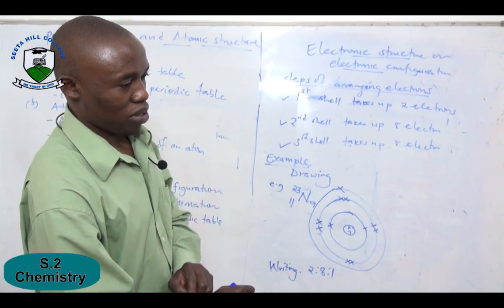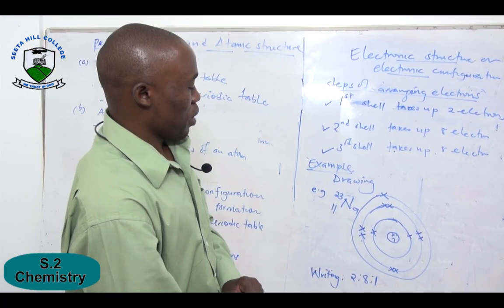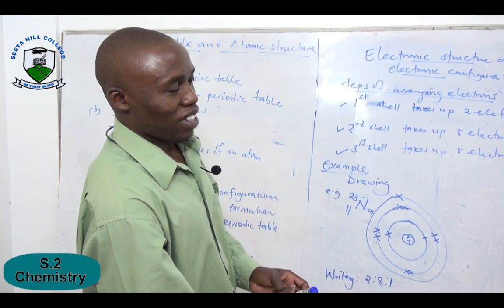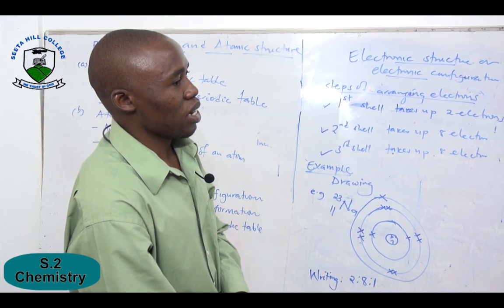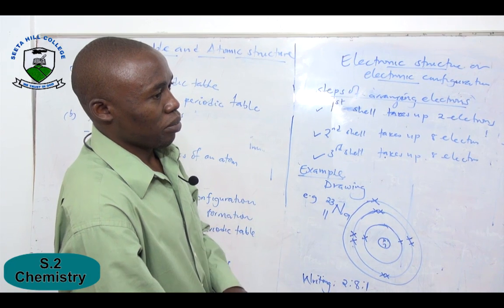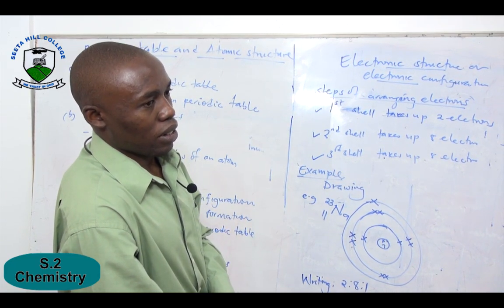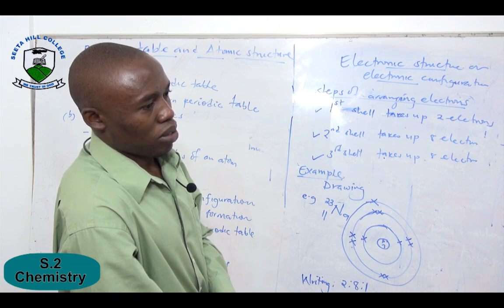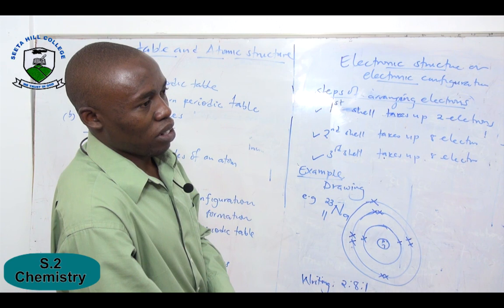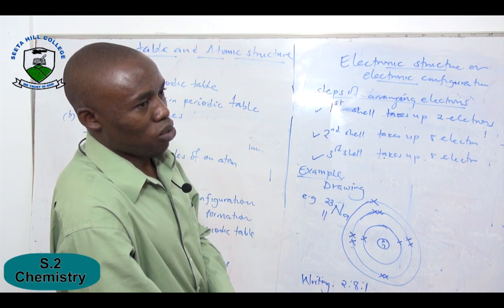Now, I want to ask, if I wanted you to give me the atomic number of, say, aluminium, are you able to give without anything that you have there? Yeah. How? 13.